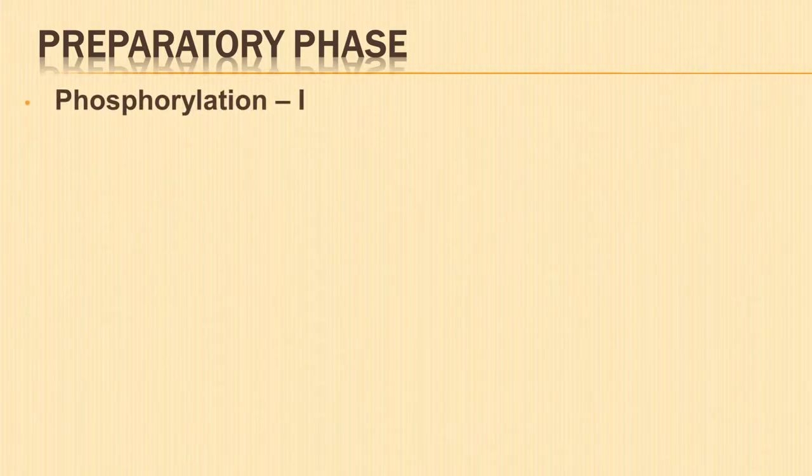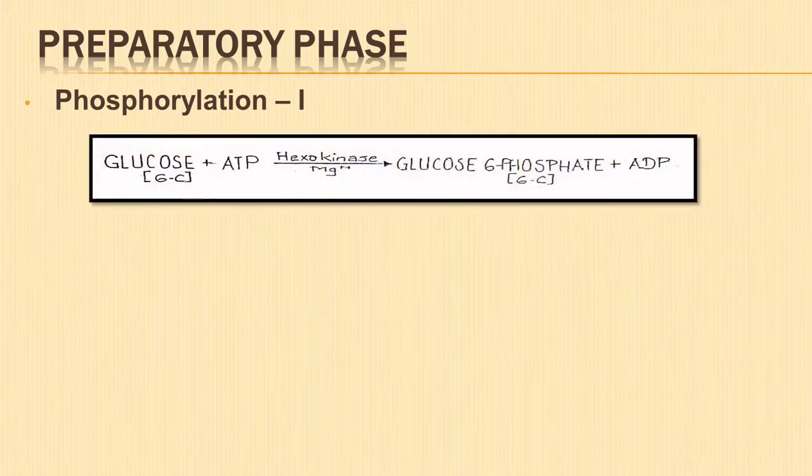Let us take an account of the preparatory phase. First step is phosphorylation. 6-carbon glucose molecule undergoes phosphorylation with the help of ATP.